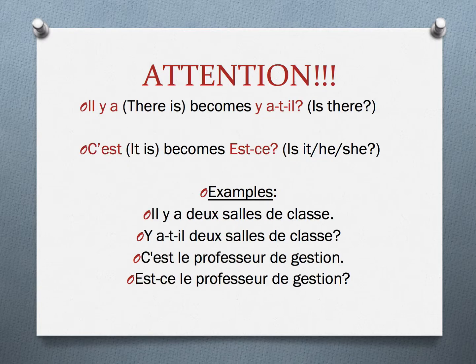Attention again. What do we have here? Il y a, which means there is, becomes y a-t-il with the inversion. Y a-t-il, that's the pronunciation. C'est, which means it is, becomes est-ce. Est-ce, that's the pronunciation of these two words. So examples. Statement. Il y a deux salles de classe.